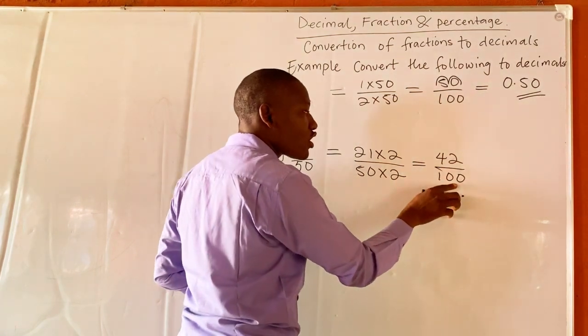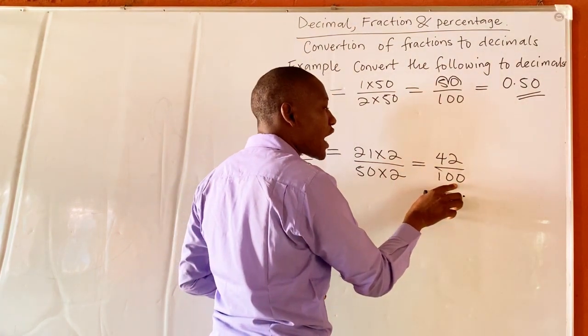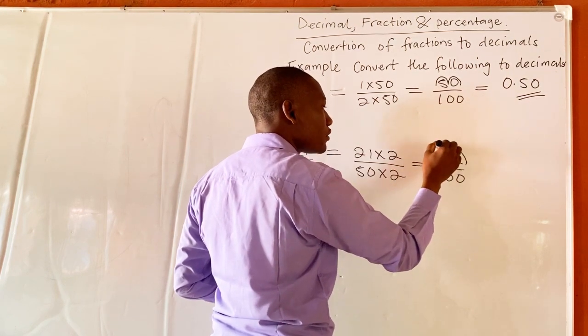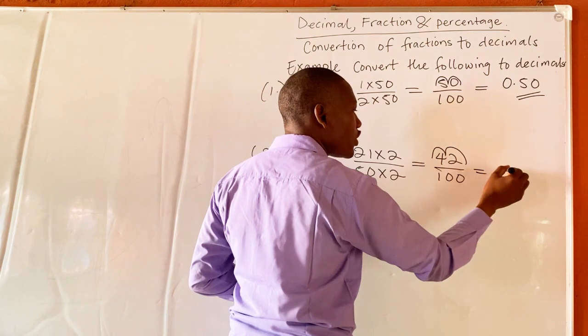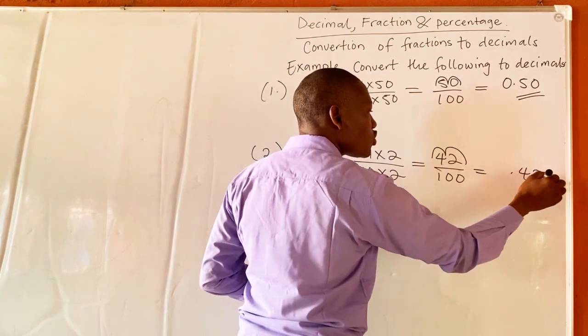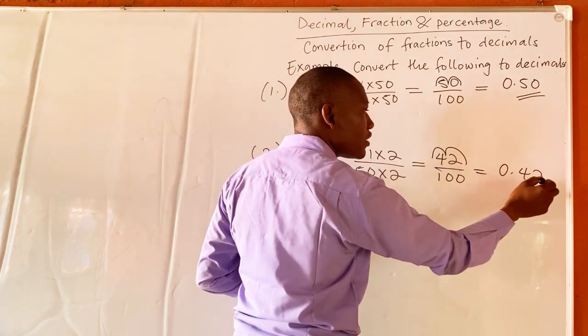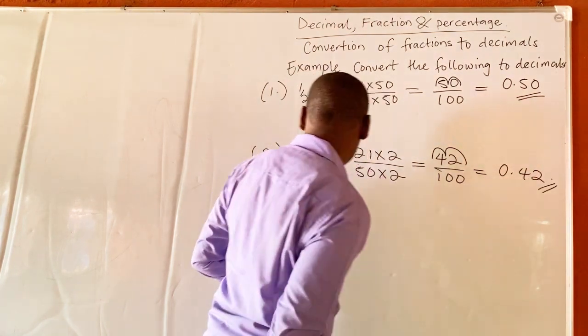Now we have 2 zeros at the denominator, so we count. Assuming our point is here, we count 1, 2. So we are going to have 0.42. But we can't leave our answer like this. We have to add 0 here. This should be our answer.